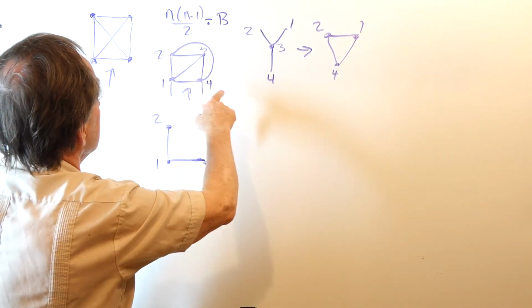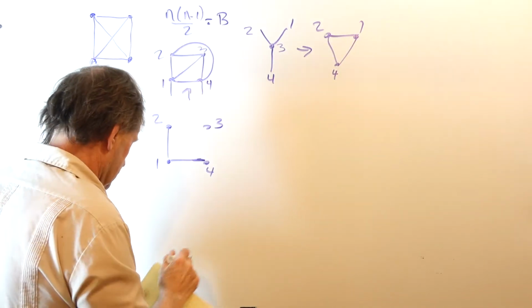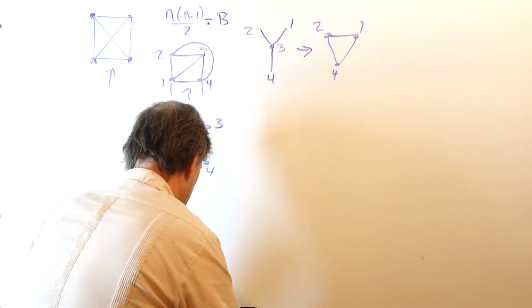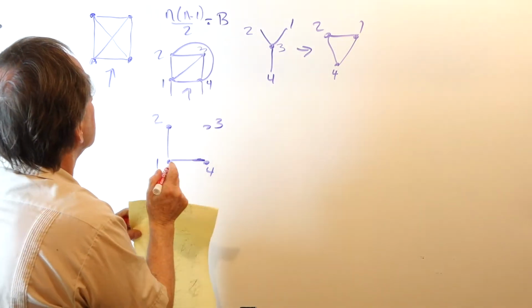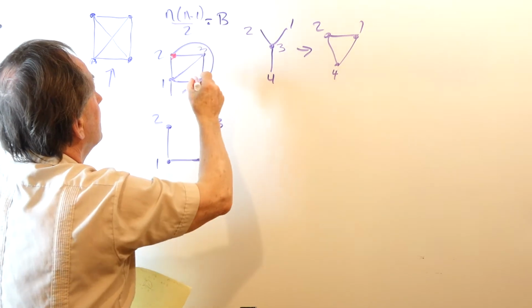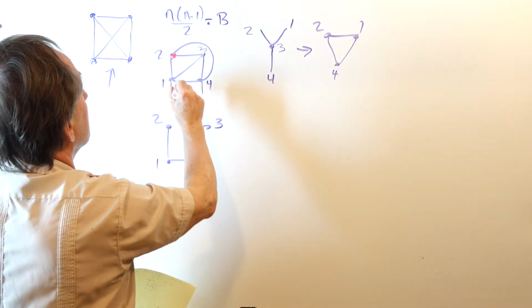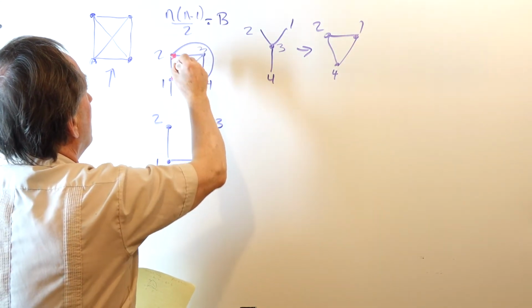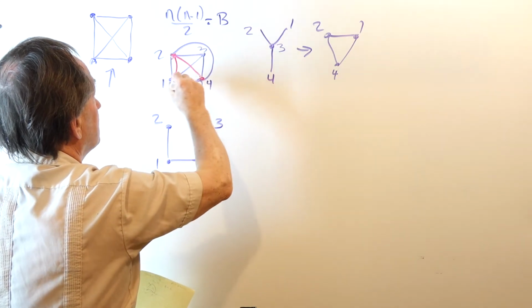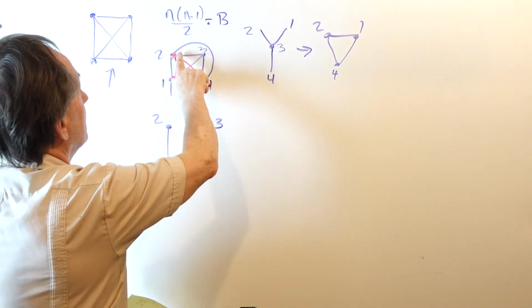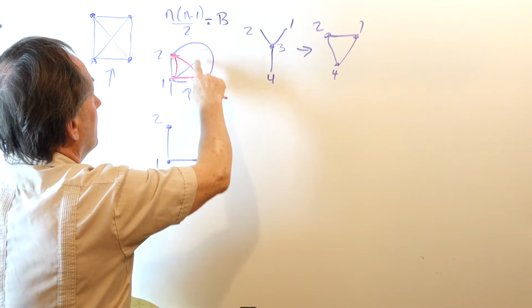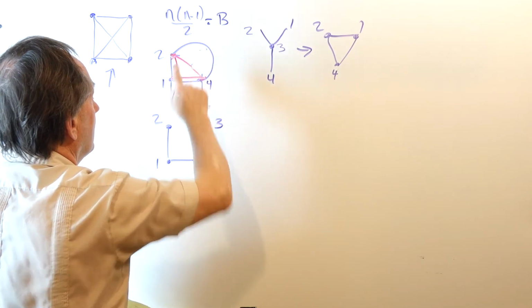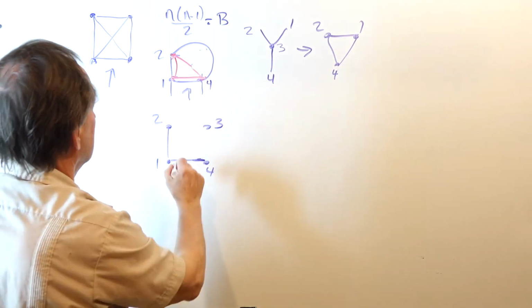So you can see that when I replace this with a delta connection, what we have, this is my delta connection. See, we can get rid of the Y now, and we can write this in this fashion.